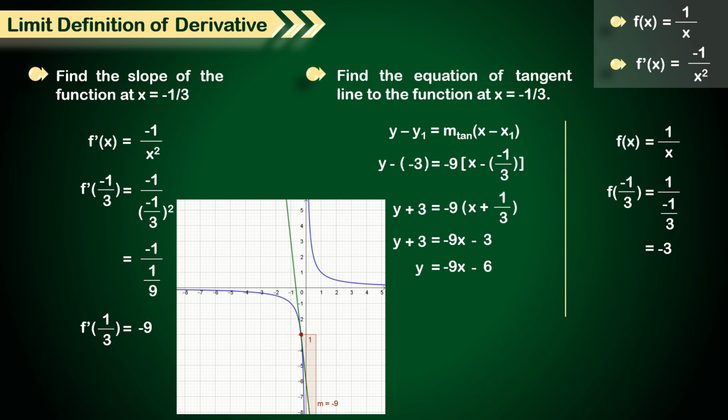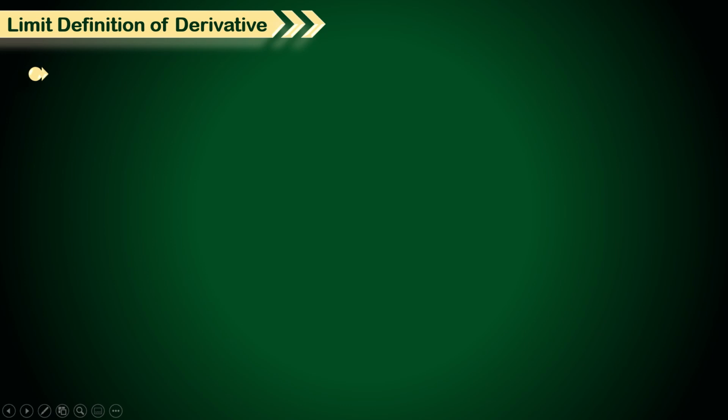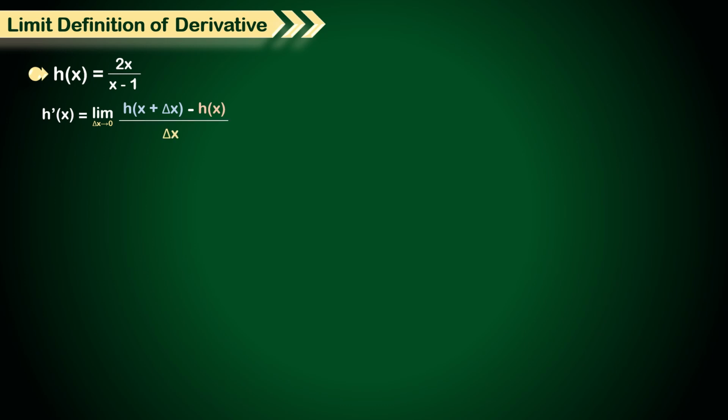Another example. What is the derivative of h(x) = 2x over x - 1? h'(x) is equal to the limit of h(x + Δx) minus h(x) over Δx as Δx approaches 0.